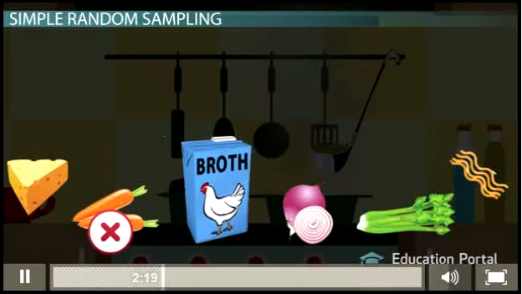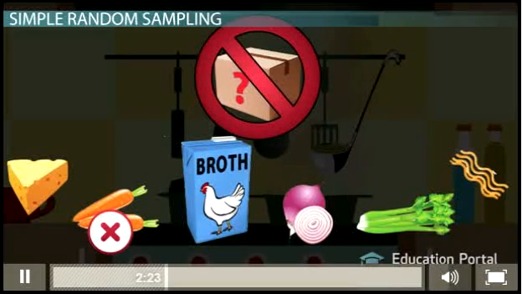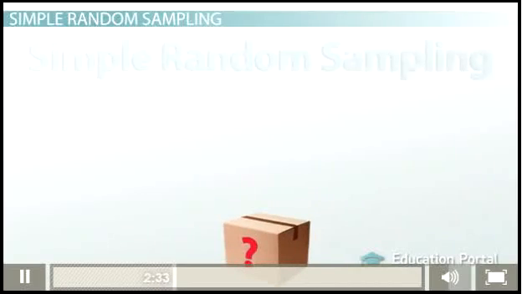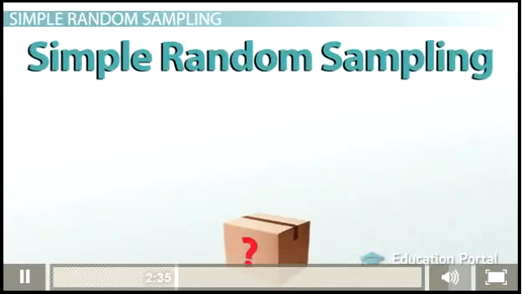But if you were to purposefully avoid the carrots each time you sampled, this would not be random. Your sample would not be a true representation of the overall soup population because no carrots would ever be sampled. One way to avoid biasing your sample like this is to use a technique called simple random sampling.